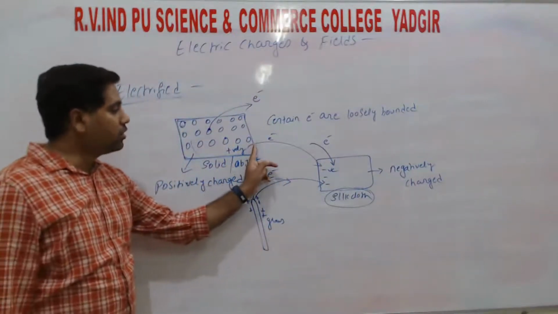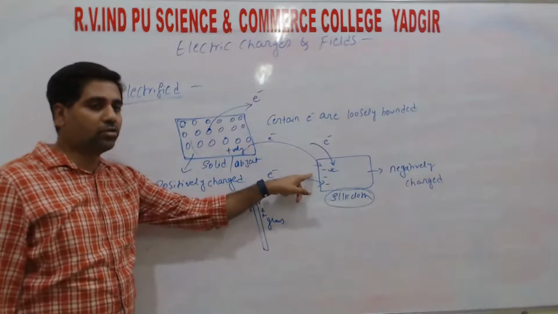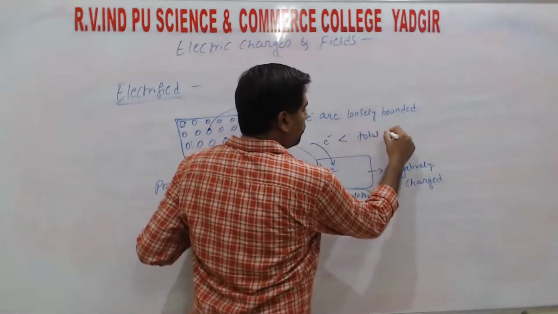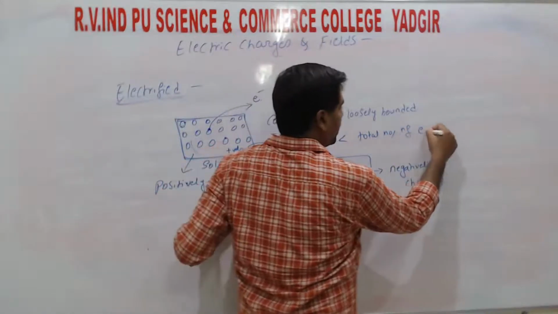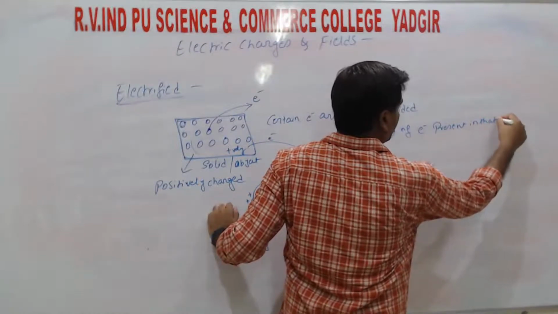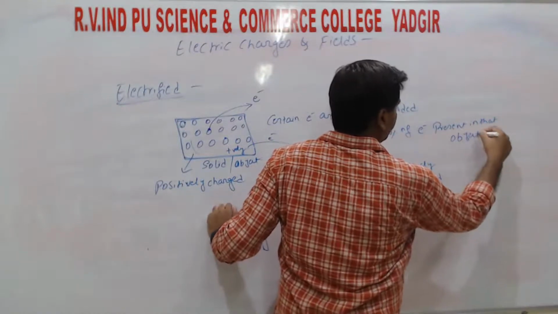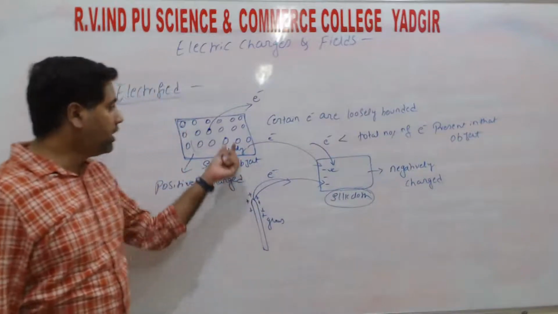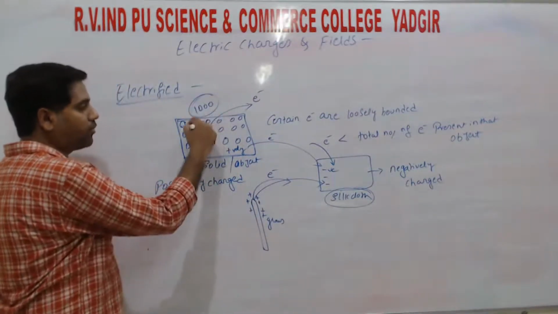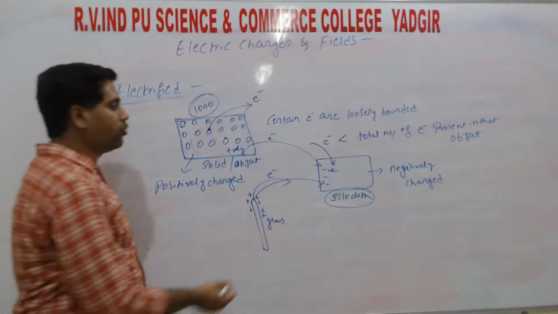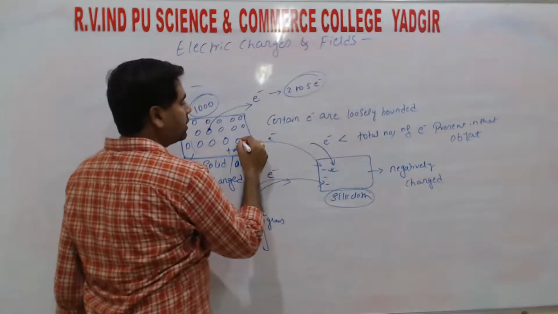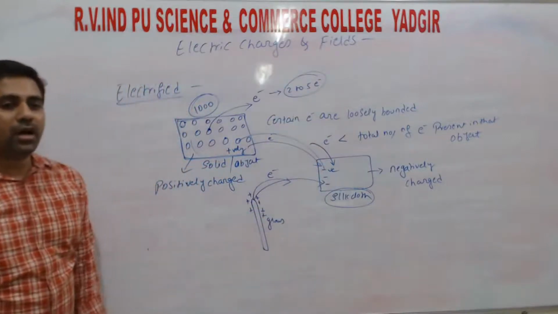The number of electrons transferring from one object to another object is very much less than the total number of electrons present in the object, right? So only a few. For example, here we have some 1000 electrons present in this object, and only 2 to 5 electrons are transferring from one object to the other.